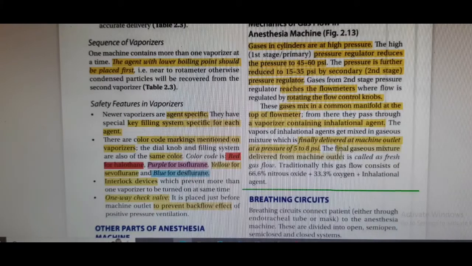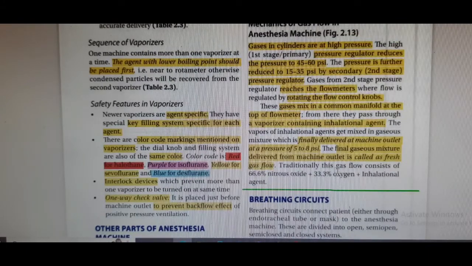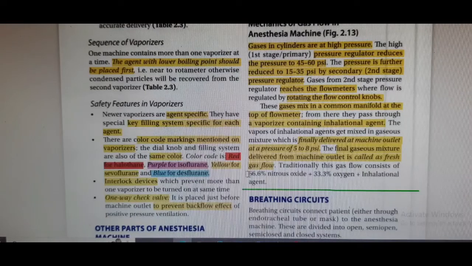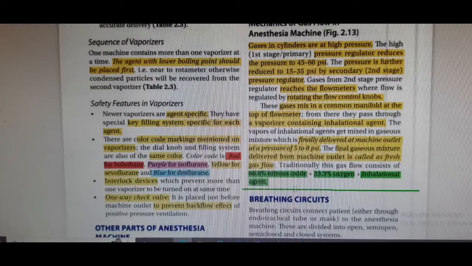Traditionally, the gas flow that moves to the patient consists of 66.6% nitrous oxide, 33.3% oxygen, and inhalational agent. So that covers the fresh gas flow.